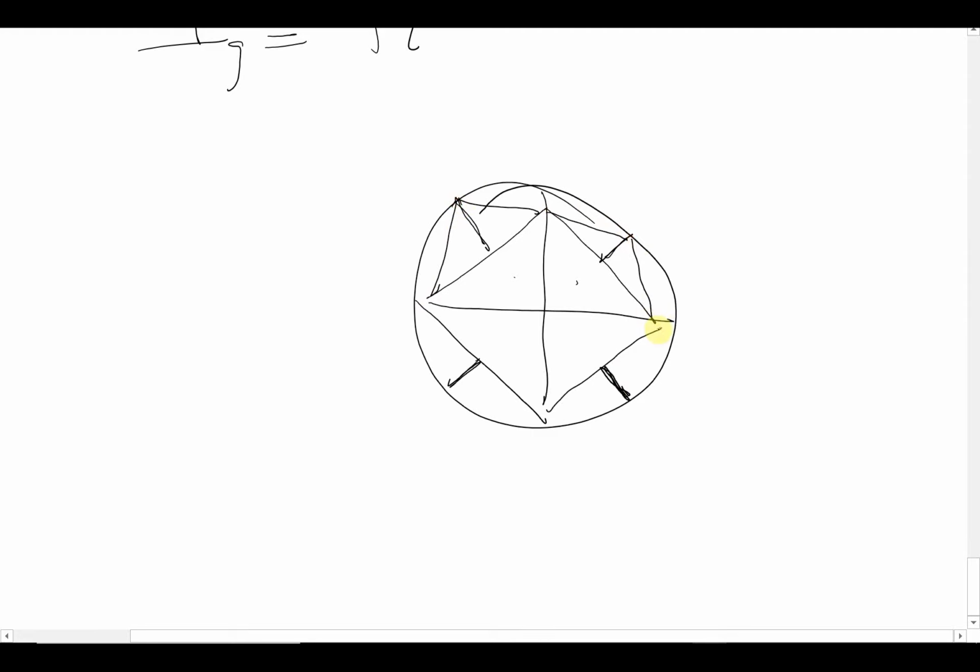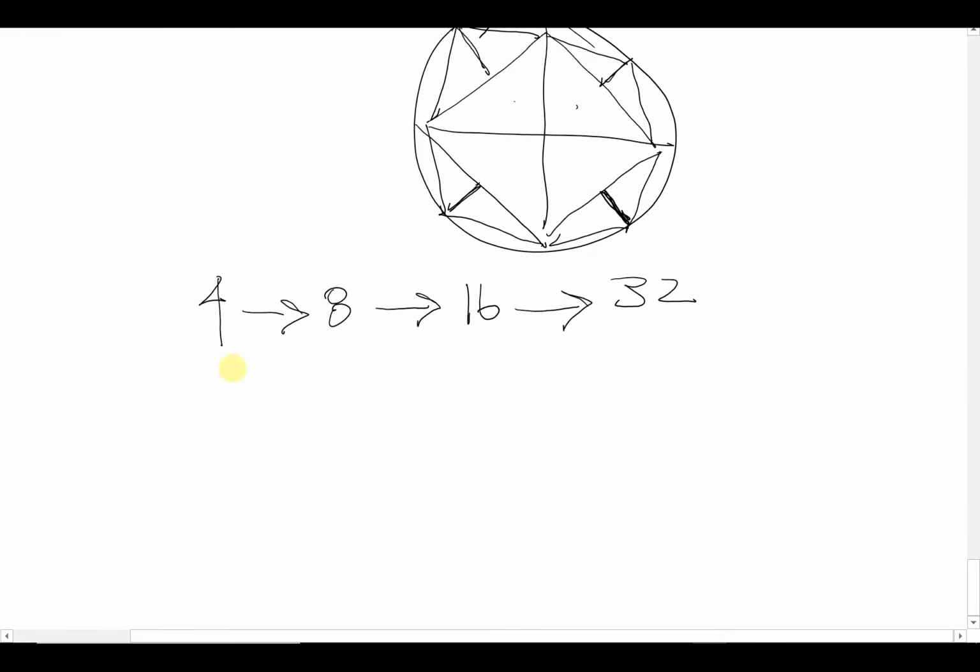So you have 4, and then it becomes 8, then 16, then 32. It keeps doubling, times 2, times 2, and this goes on to infinity.